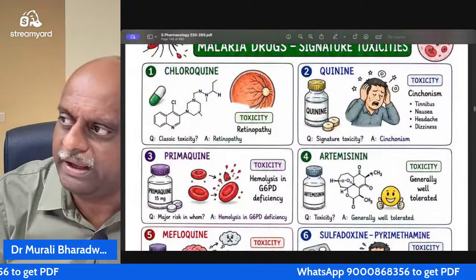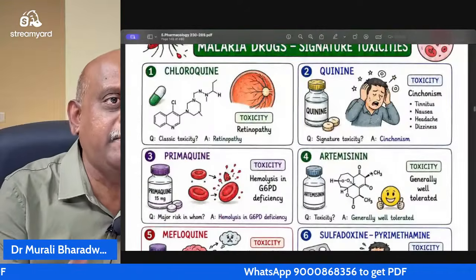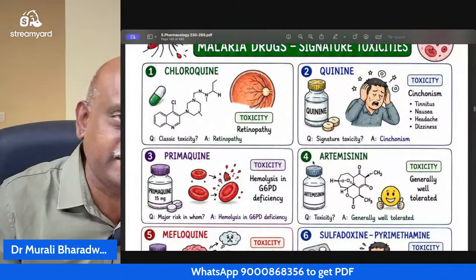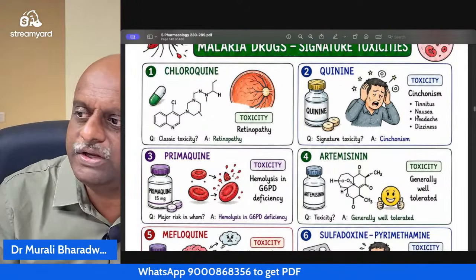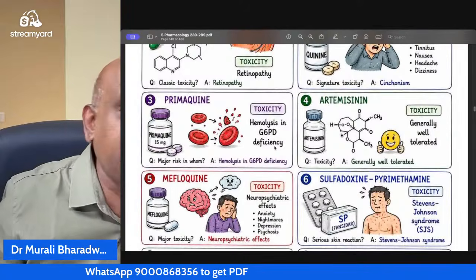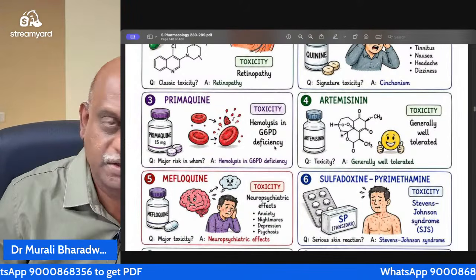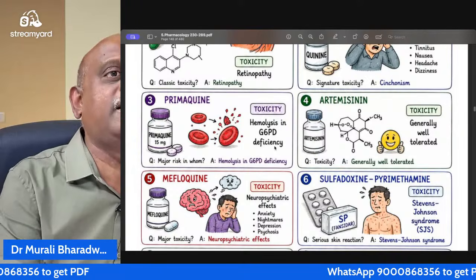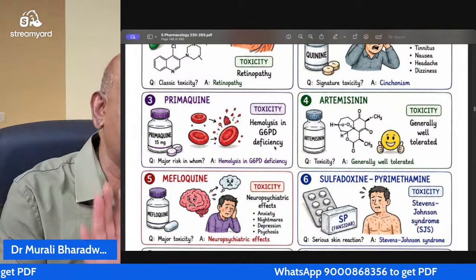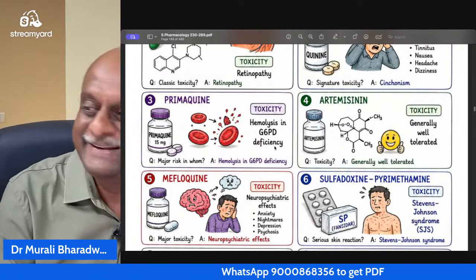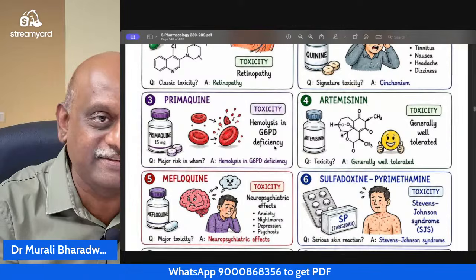Now toxicity. Chloroquine, bullseye maculopathy, retinopathy. Quinine, cinchonism. Primaquine, if given in G6PD deficiency, can lead to hemolysis. Artemisinin is generally well tolerated. Chinese made is okay.